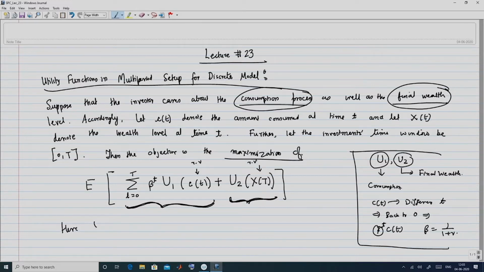So, here u1 and u2 are two utility functions, as I have already explained, and this beta strictly lying between 0 and 1 is some sort of a discount factor.